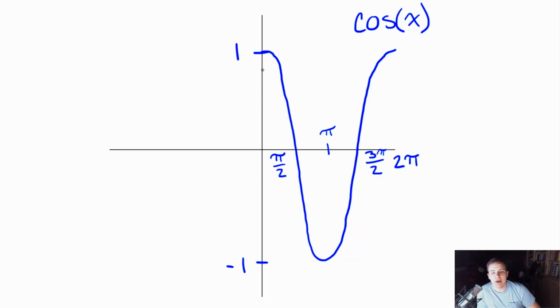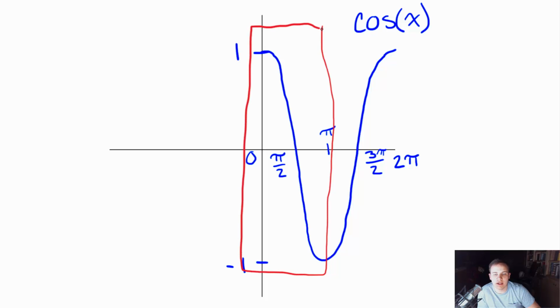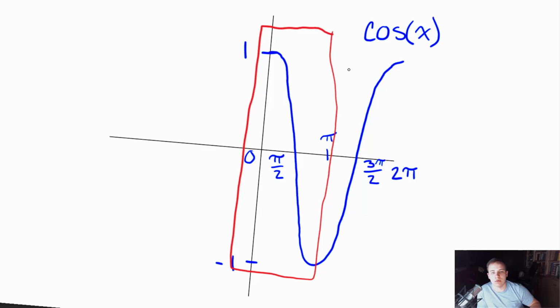So the values that we are going to want to designate for this graph are between 0, which is right here, and pi, which ends right over here. So this is going to be the portion of cosine that we want to designate to make an inverse.